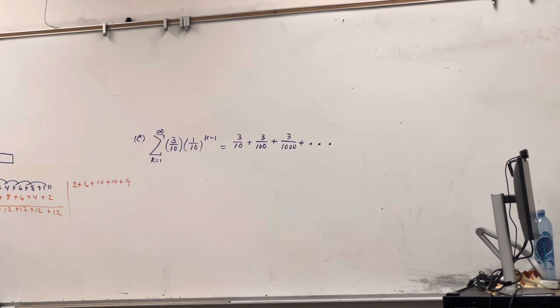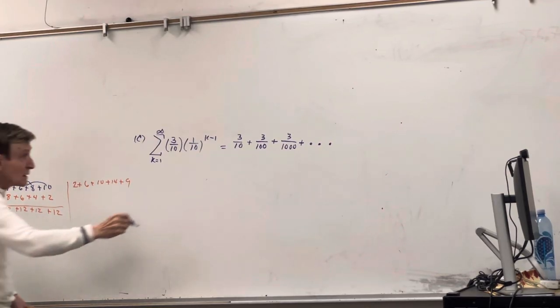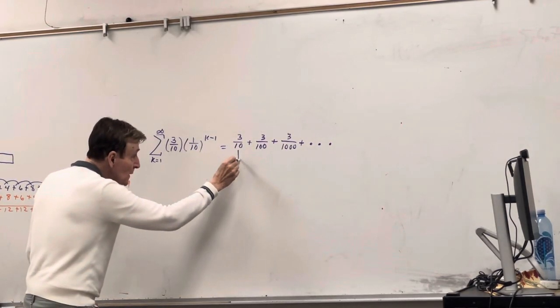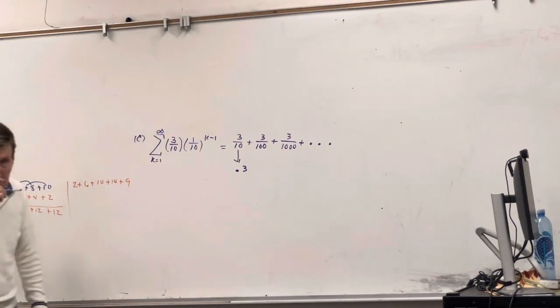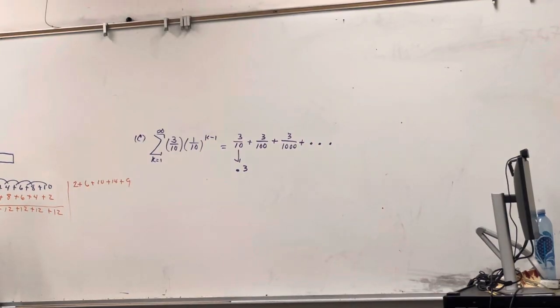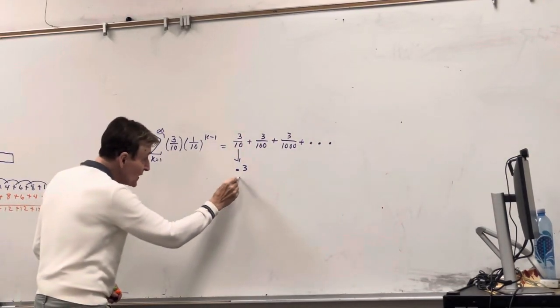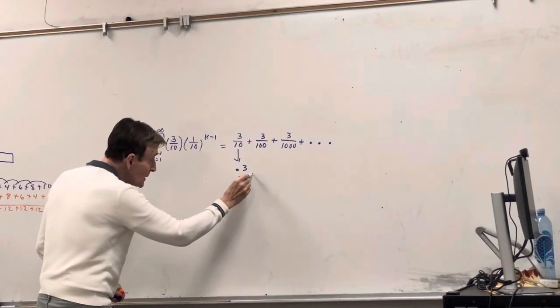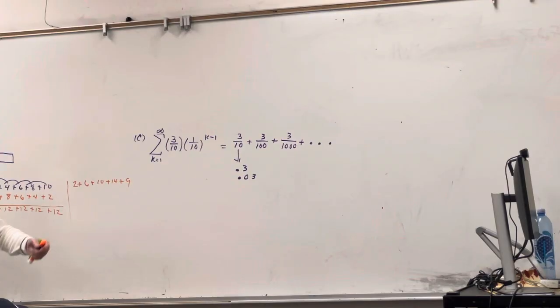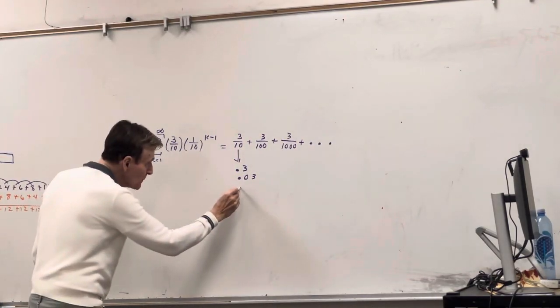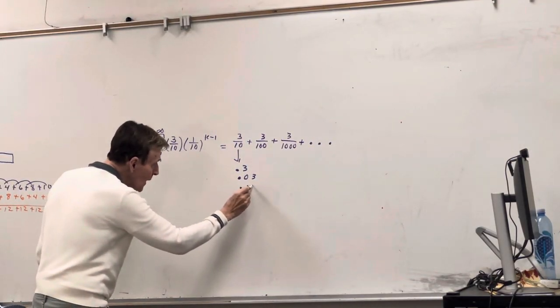Let's see why it might be 1/3, without any knowledge of a formula. Look at this. I know and you know from elementary school, this could be written like this. That's 3/10. Add to it 3 over 100, which could be written like this in decimal form. Then add to it 3 over 1,000, which in decimal form could be written like this.